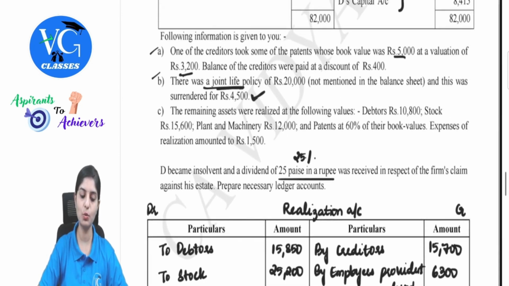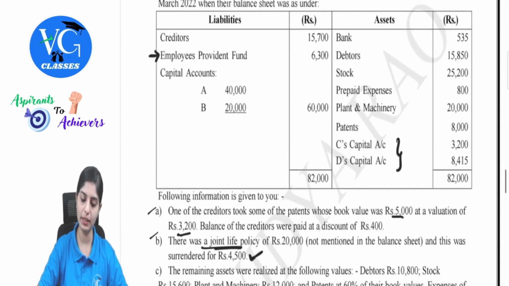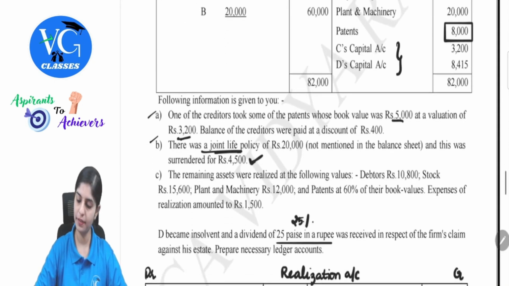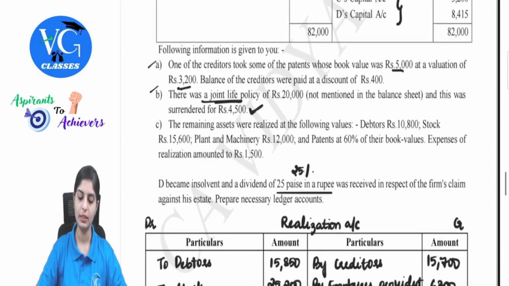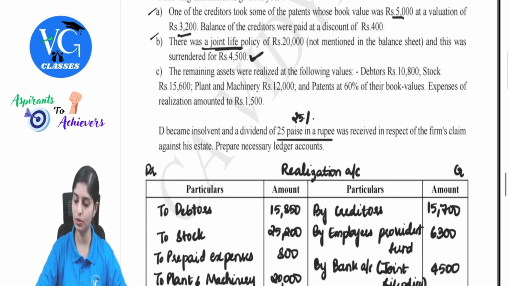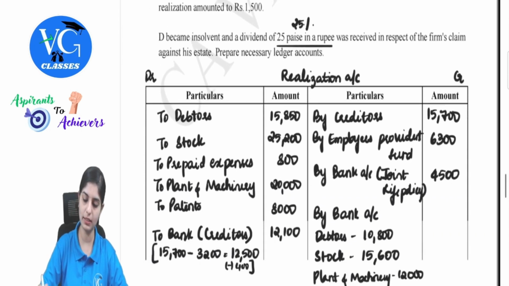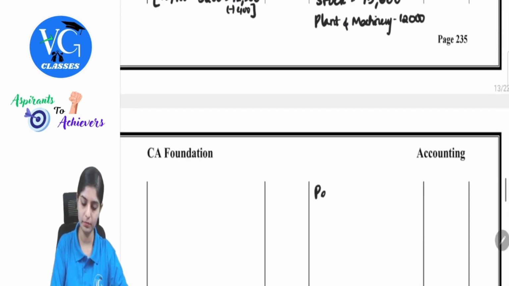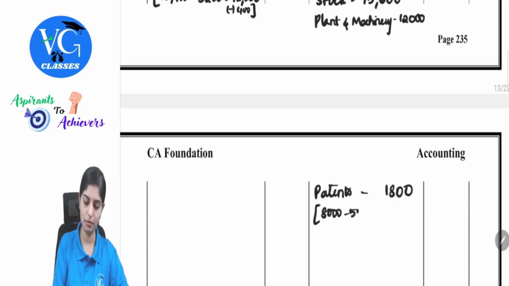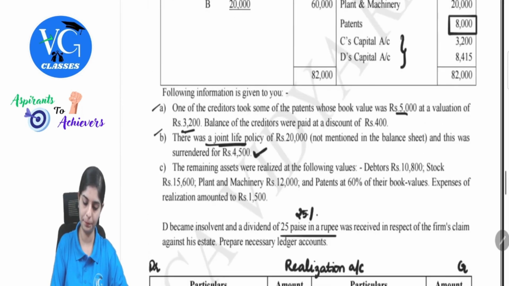Understand one thing, a part of the patents was given to creditors. What was the total patents? 8,000. Out of 8,000, 5,000 was set aside for payment to creditors. You are left with 3,000. This is taken at 60%. So 3,000 into 60% is 1,800. That is 8,000 minus 5,000 into 60%.